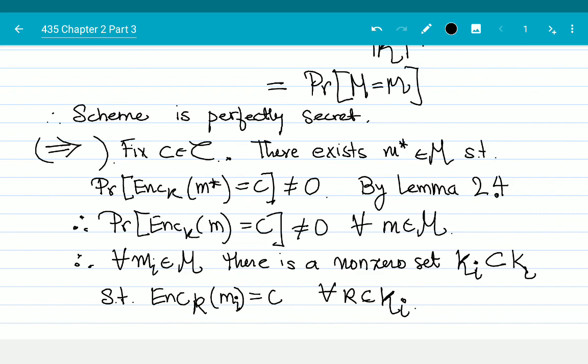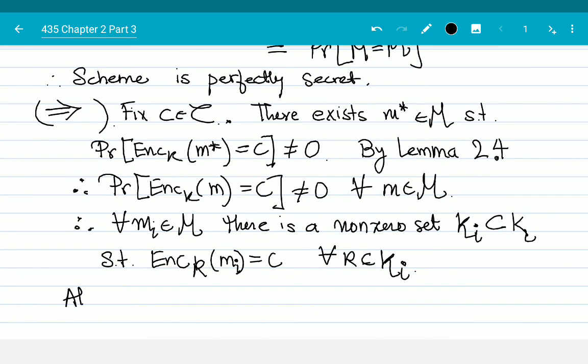Okay, now also, if i is not equal to j, then Ki intersection Kj has to be empty, otherwise you have trouble, right?